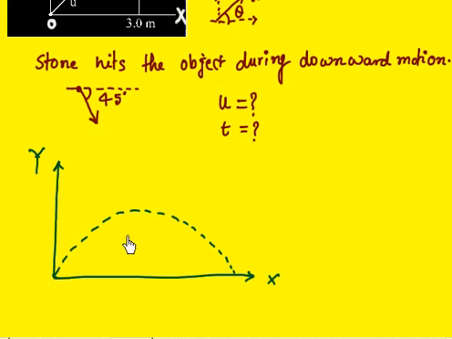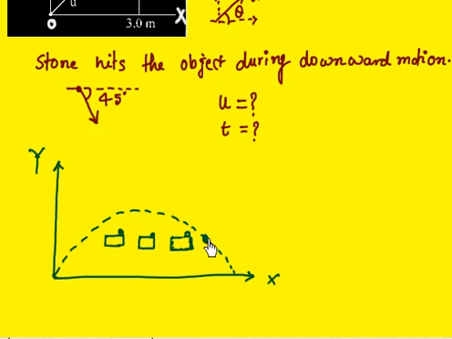Initially the plank is somewhere here, and this object A is here somewhere. After some time it is here because it is moving. Easy one. And after some time it will reach up to this point. So this is the point where the hitting occurs.